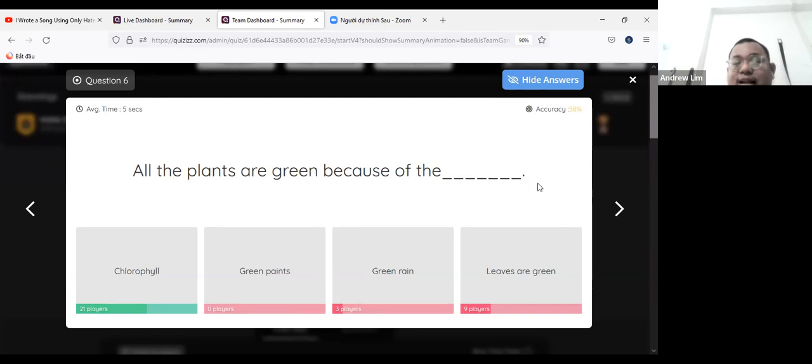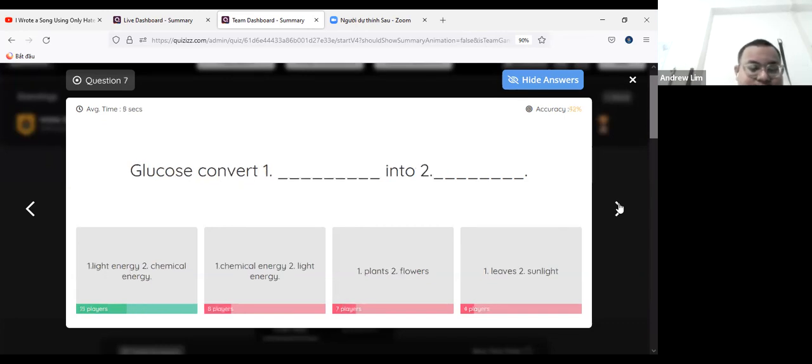Chlorophyll reflects the light, so it reflects green light, that's why the leaf is green in color. As shown on the slides, photosynthesis converts light energy into chemical energy. The light energy is from the sun, also known as solar energy, and chemical energy is like glucose.